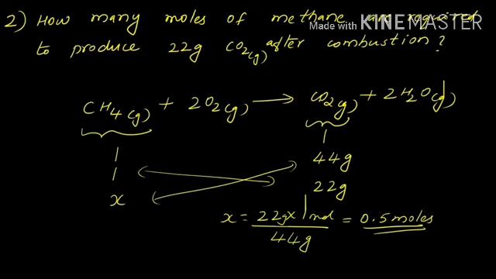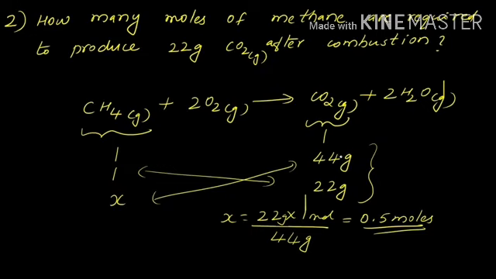So for this question, it is clear that 0.5 mole of CH4 is needed to produce 22 gram of carbon dioxide. But when you look at this question, it is very simple to calculate, because it's exactly half of the carbon dioxide, right? Carbon dioxide initially was 44 gram, now it is 22 gram, just half.